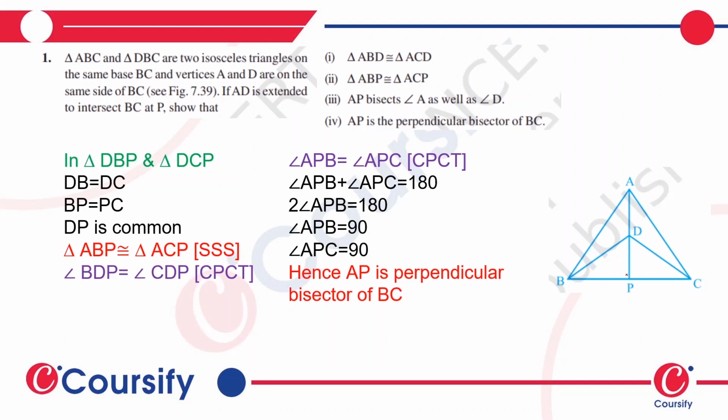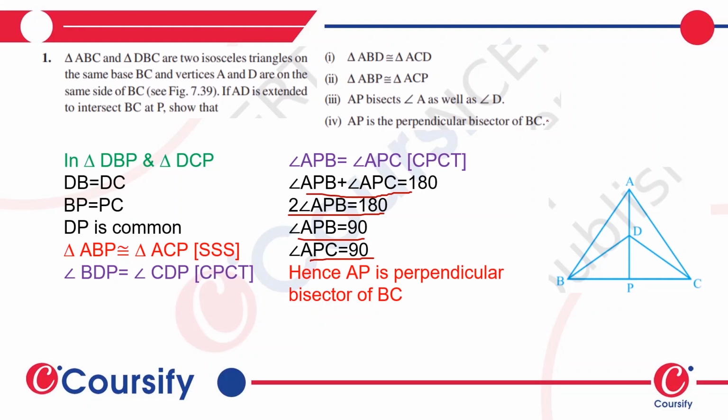APB equals APC, and APB plus APC is 180, and hence these two angles are equal. APB can be written as this, and by rearranging and solving by algebra, we get these two things. So hence we have proved that AP is a perpendicular bisector of BC.